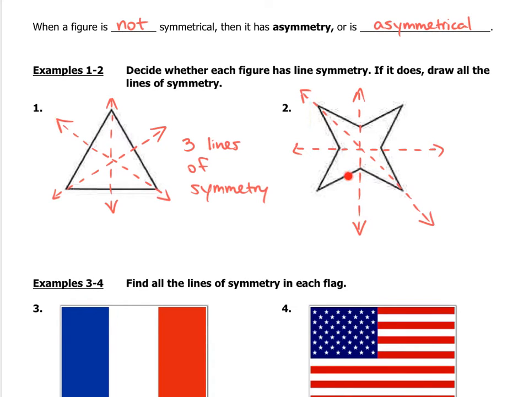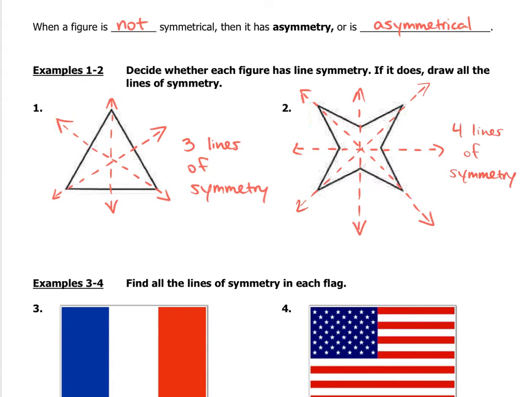So that this piece folds over the upper right piece, and then I could draw a fourth line of symmetry from the bottom left vertex through the center through the top right vertex. So there's actually 4 lines of symmetry that we could draw in that figure, and so yes, it is symmetrical.